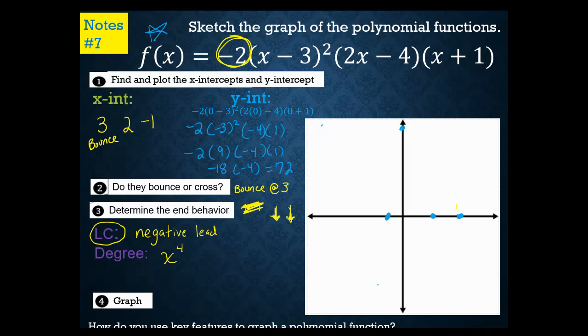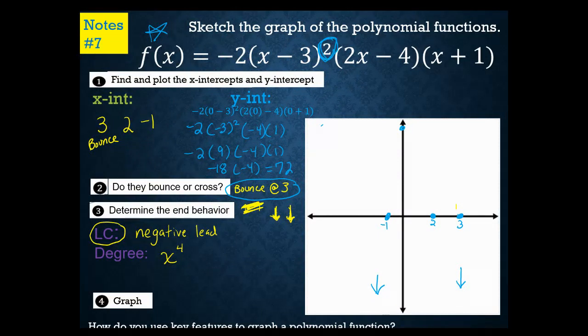So we know that over here, both arrows will be going down. We also know that we have to have a bounce at 3. So here was the 3, here was the 2, here was the -1. We have to have a bounce at 3 because it has the exponent on that one intercept, right? Right here, the exponent of 2.